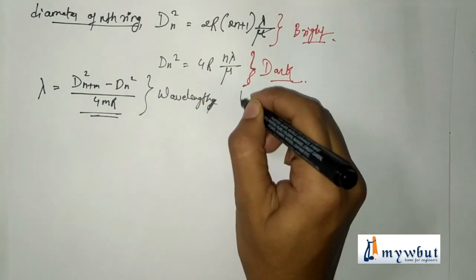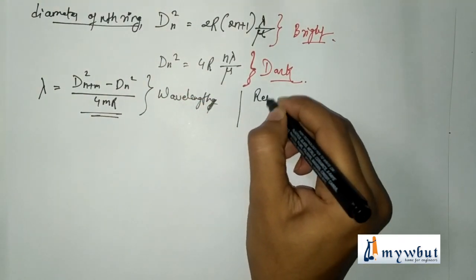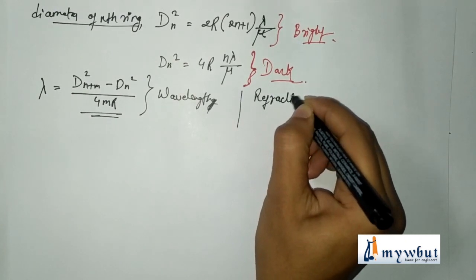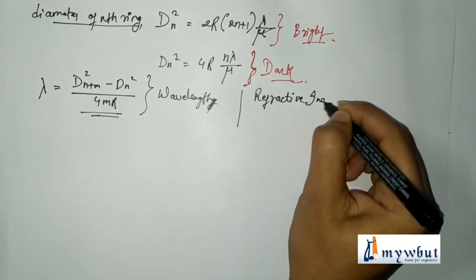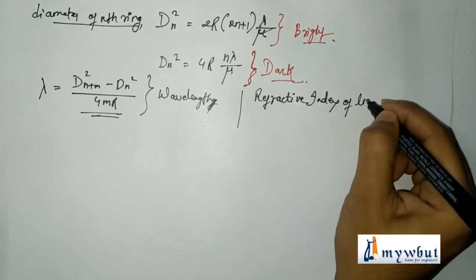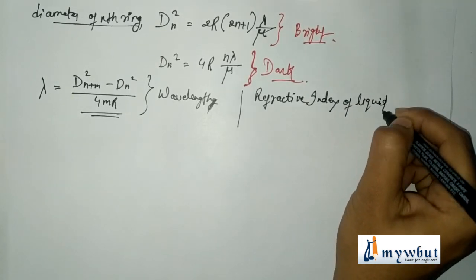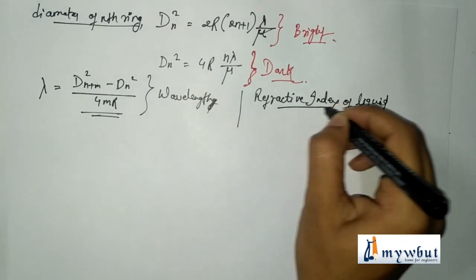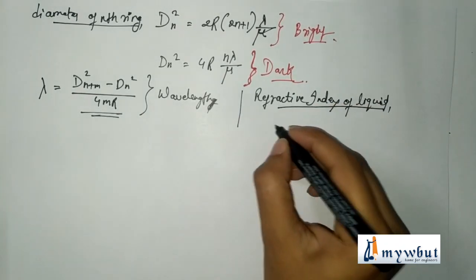So from here we can also find out the refractive index of a liquid by the Newton's ring method. So what will be the formula for it?